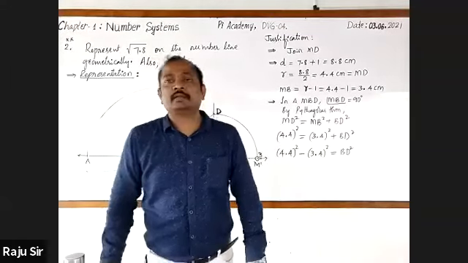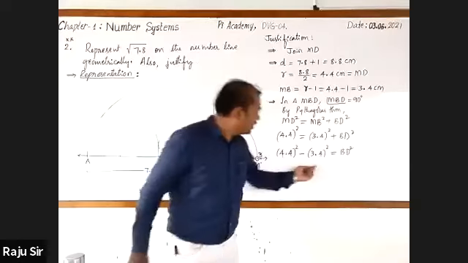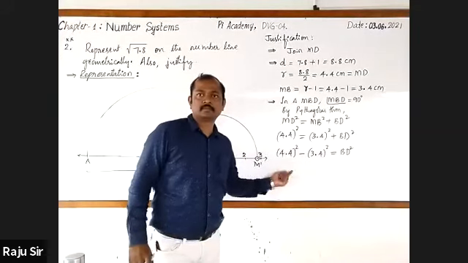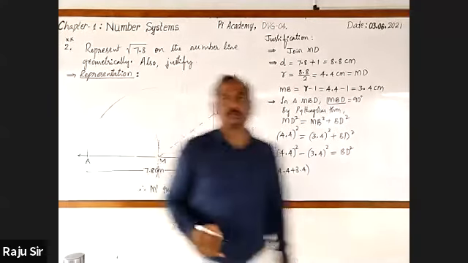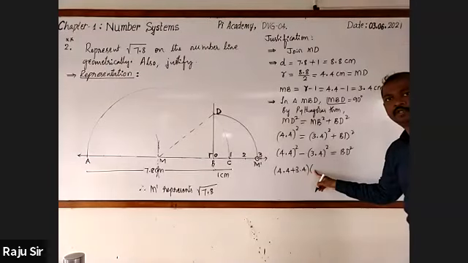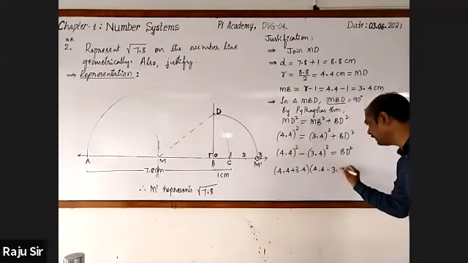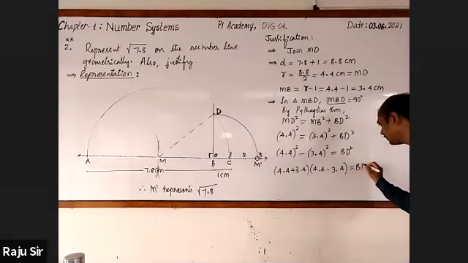How do you simplify this? 4.4 plus 3.4 into 4.4 minus 3.4, which is equal to BD square.